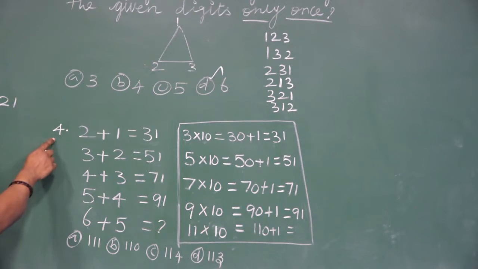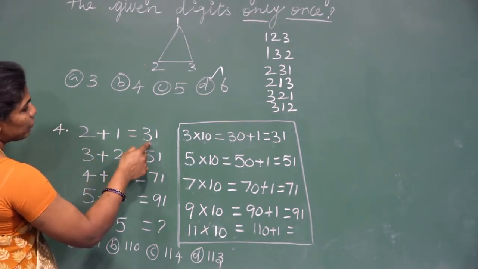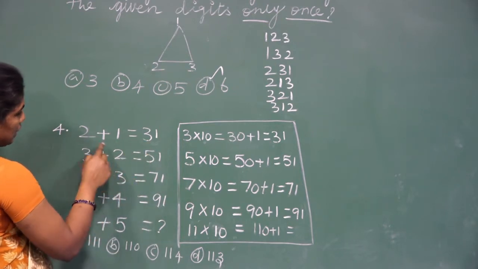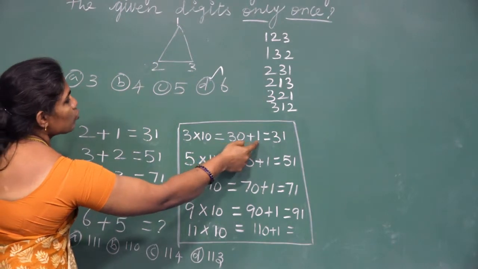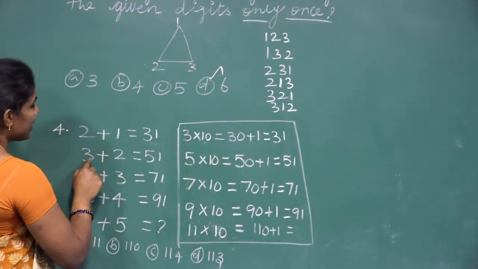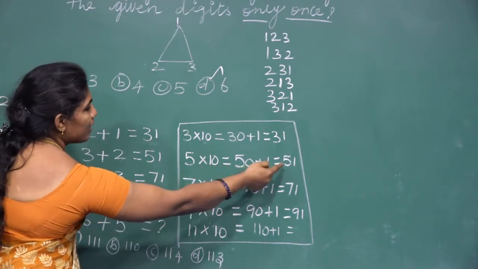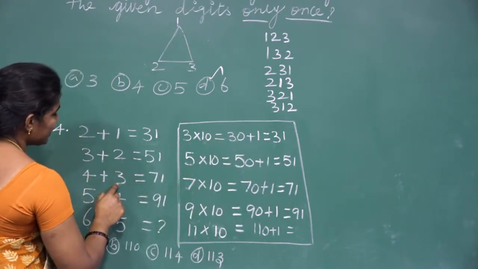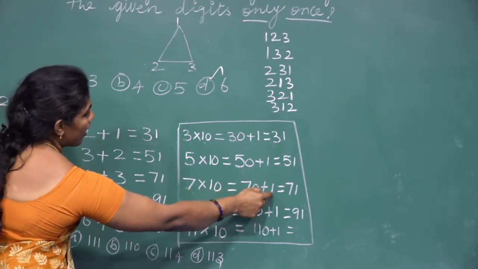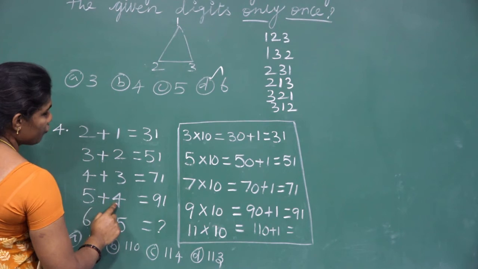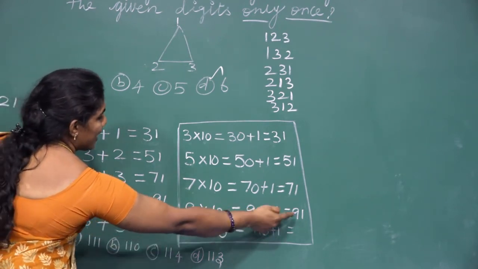Let us move to the fourth question. 2 plus 1 is 3. Here given 31. See the pattern. 3 tens are 30. 30 plus 1 is 31. Like this, 3 plus 2 is 5. 5 tens are 50. 50 plus 1 is 51. 4 plus 3 is 7. 7 tens are 70. 70 plus 1 is 71. 5 plus 4 is 9. 9 tens are 90. 90 plus 1 is 91.